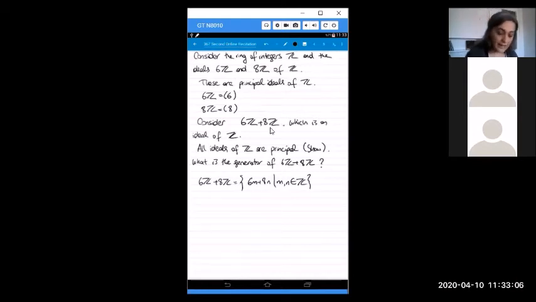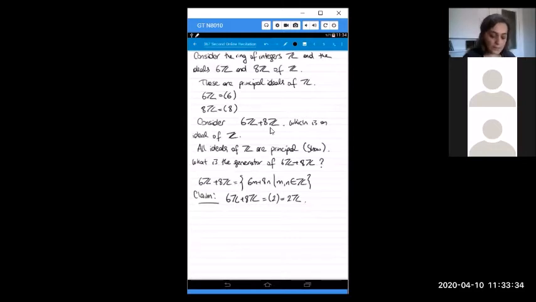You don't have any? Okay. Actually, my guess for this one is that the generator is 2. Okay? The claim is that 6Z plus 8Z is generated by 2. This means that this ideal is nothing but 2Z.